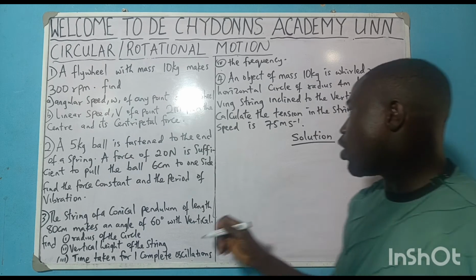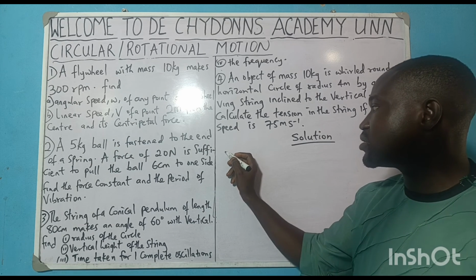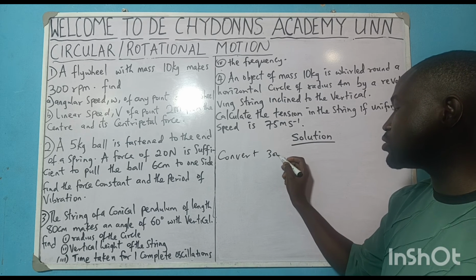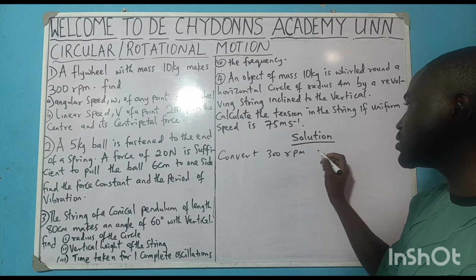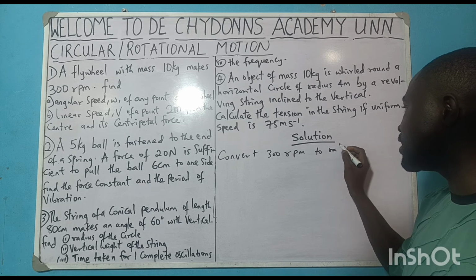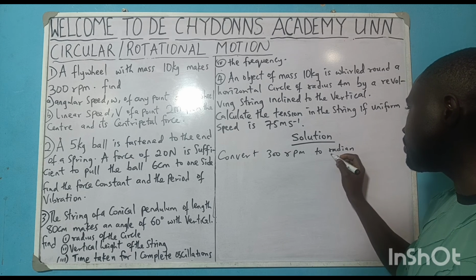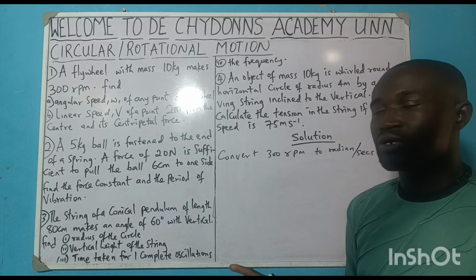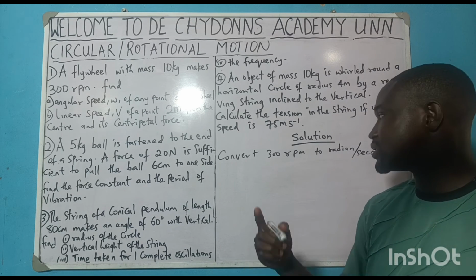So all we need to do is to convert 300 revolutions per minute to radian per second. Once we convert it, we have gotten the angular speed.